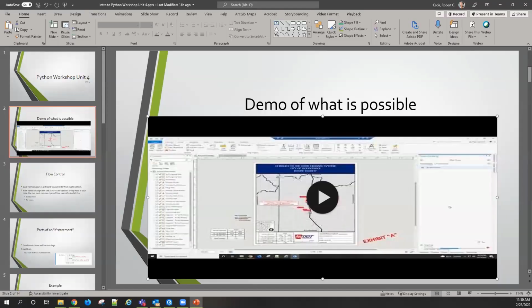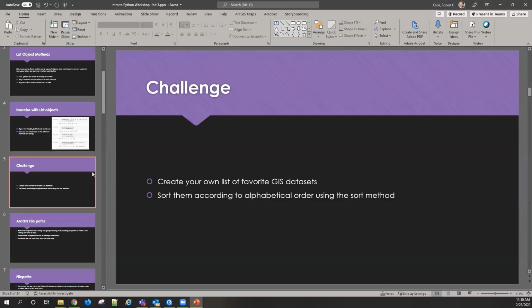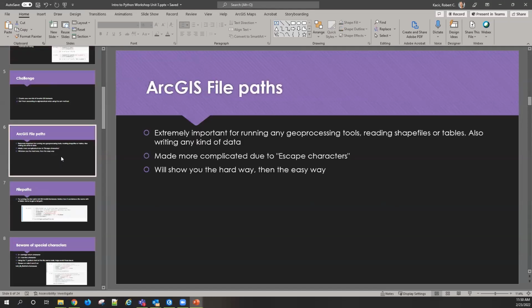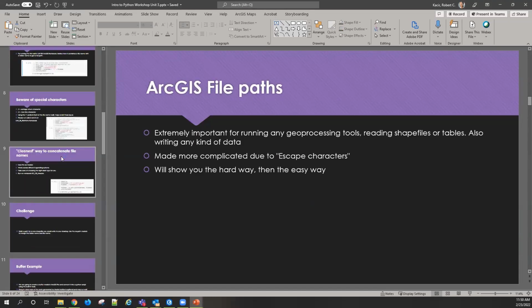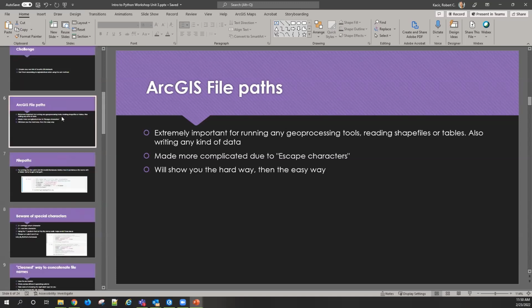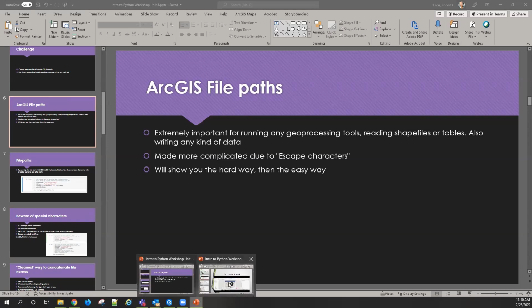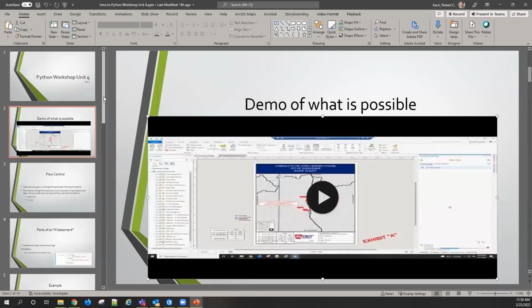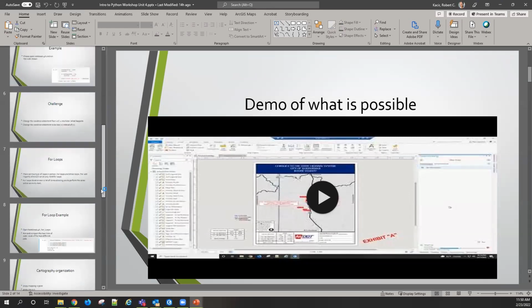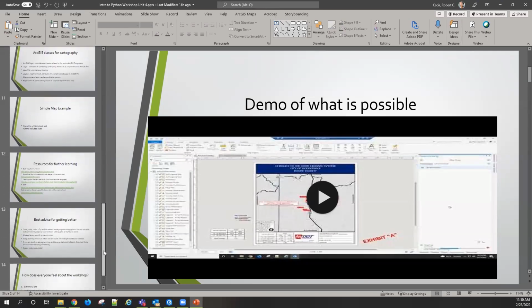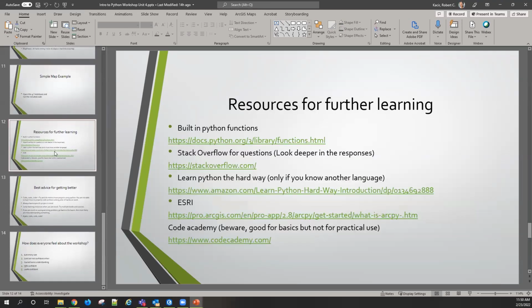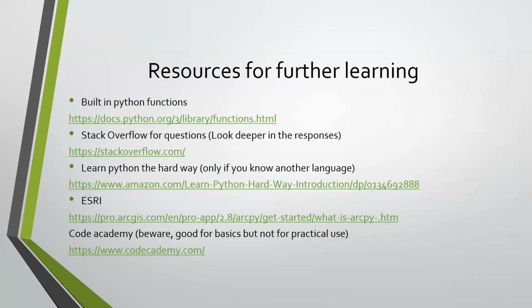All right, so that is that one. I think we're running a little bit short on time to go over file paths, because that's probably one of the more useful things here. How about we jump to learning resources with our remaining time today. So there are a lot of learning resources out there.